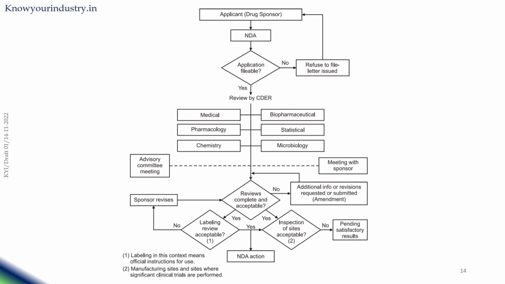All the departments review the dossier, and after the advisory committee meeting and meeting with the sponsor, the review goes to the second stage, and after all the considerations it reaches NDA action. This is just an example of the NDA submission process.